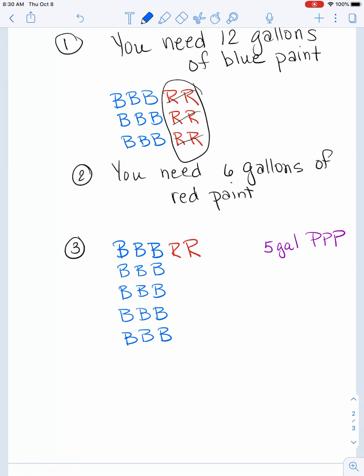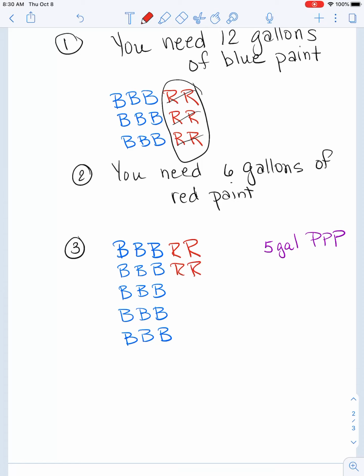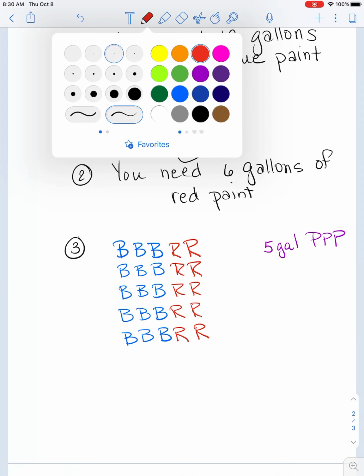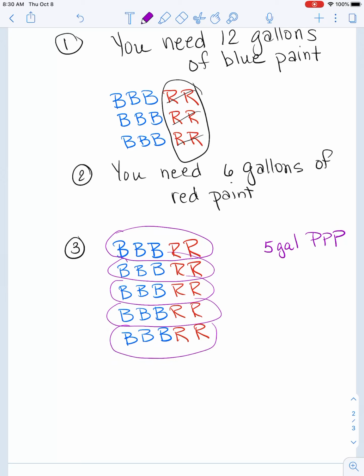Okay. And I have to repeat the red 5 times. Okay, now each of these is a batch, right? And there are 5 batches, but how many gallons? If each letter represents 1 gallon, this would be 25 gallons.